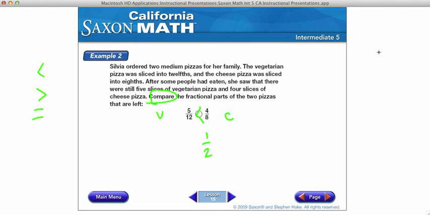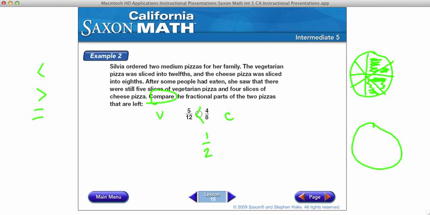If I wanted to draw a picture, I could. Okay, so I would have 4/8. 1, 2, 3, 4. And if I wanted to have my 12ths, okay, not very good 12ths, but you'll get the idea. 1, 2, 3, 4, 5.